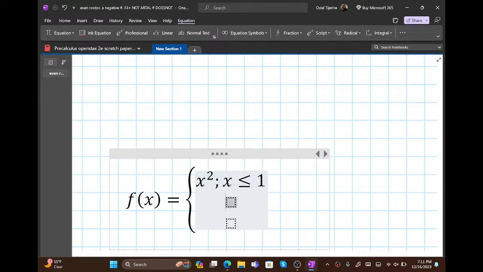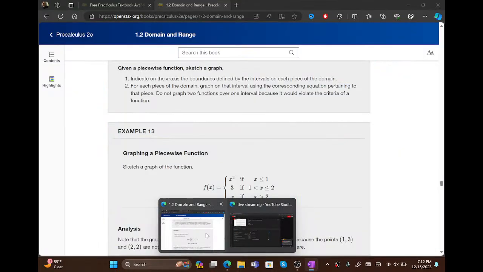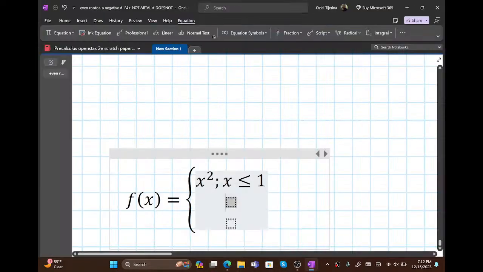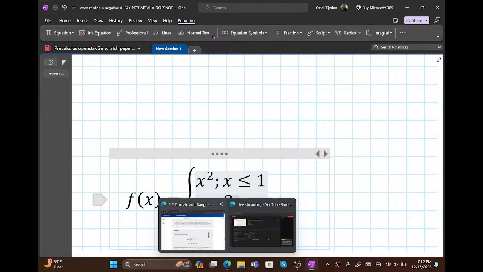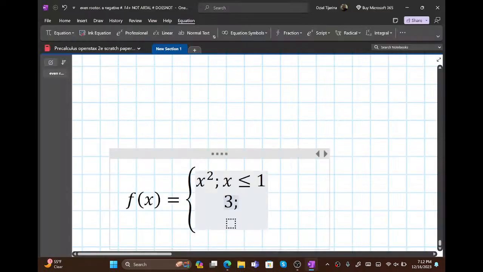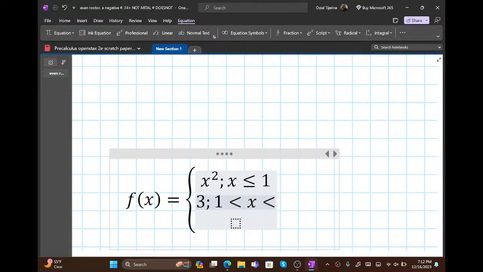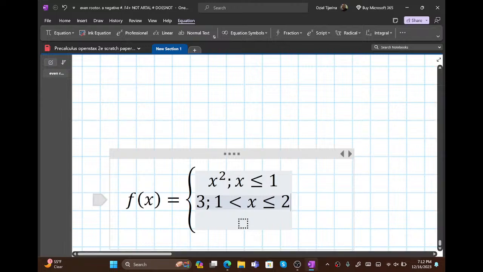And then the next one would be 3, such that 1 is less than x is less than or equal to 2.